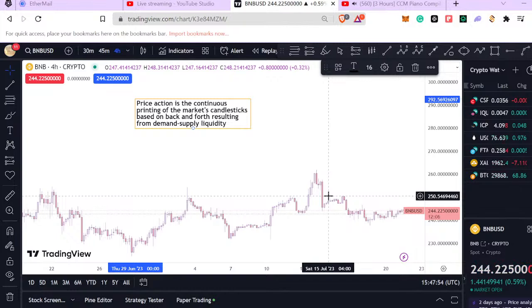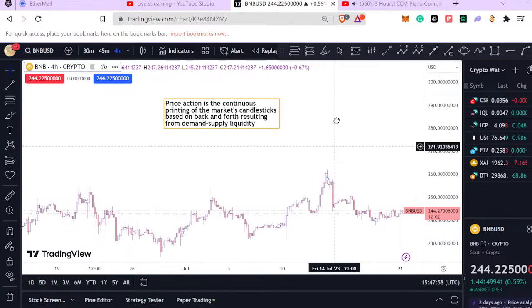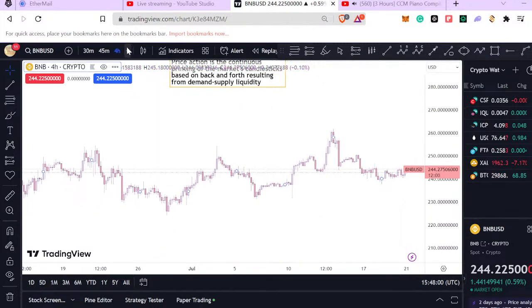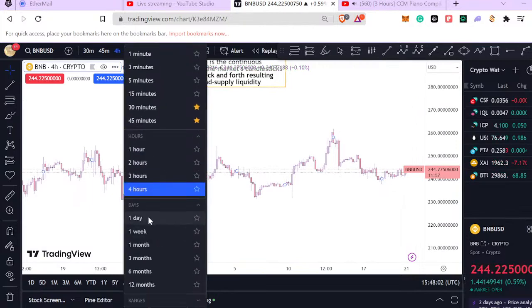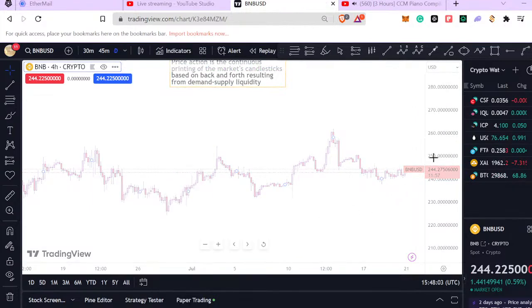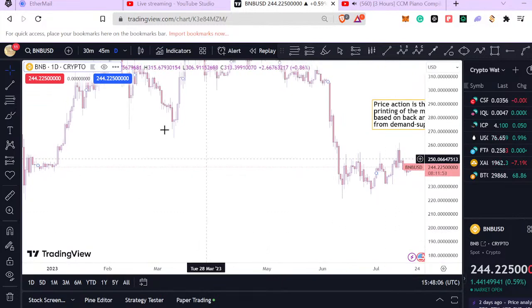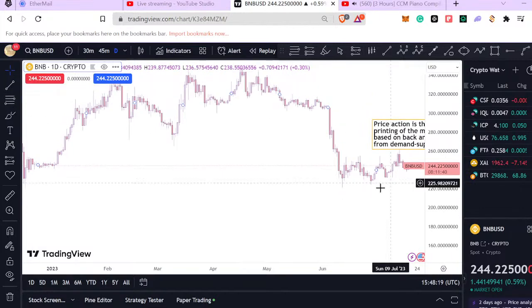Having said that on price action, we have to look realistically into what that means. Standing before you is a chart of BNB USD, the Binance USD pair. Meanwhile, if you're not aware, we've discussed extensively demand, supply, and other basics of trading. You've got to check out previous videos on Binance or on YouTube to learn what this is all about.